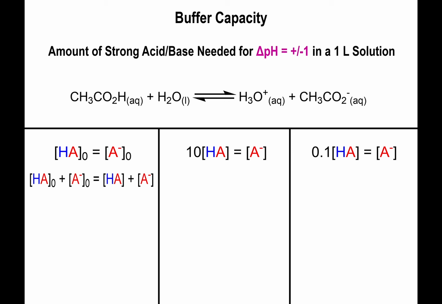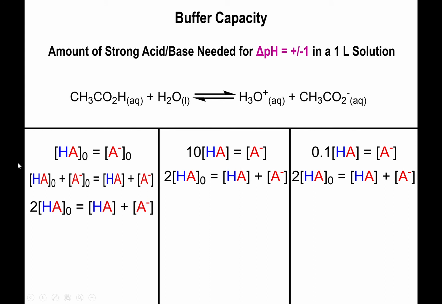But altogether, since A has to remain constant, right, the concentration of A itself has to remain constant, the summation of HA plus A minus has to be equal on either side of the equation, whether it's the initial amount or the final amount. Alright, so if we utilize the equation here, meaning that the initial concentration of HA is equal to the initial concentration of A minus, then HA initial plus A minus initial has to equal 2 times the initial concentration of HA.